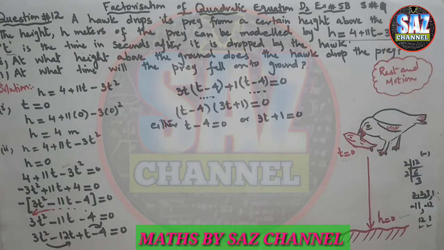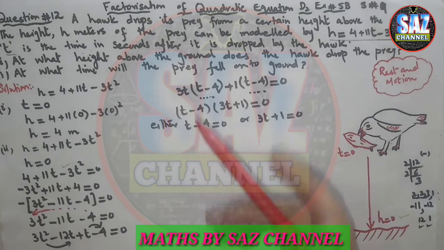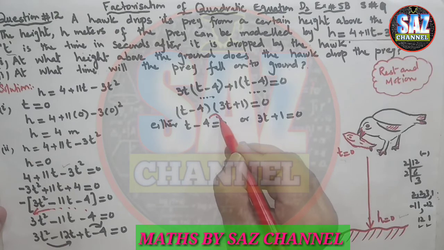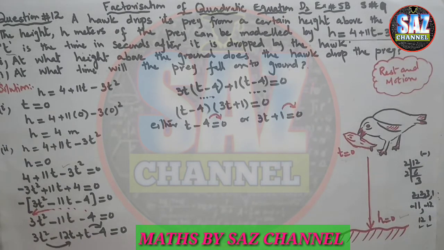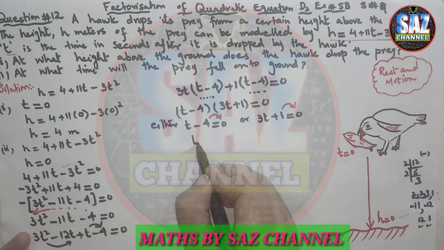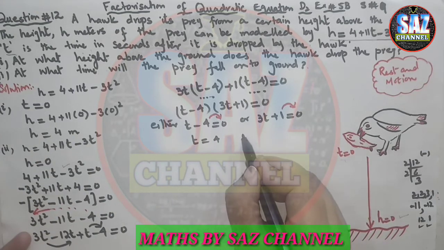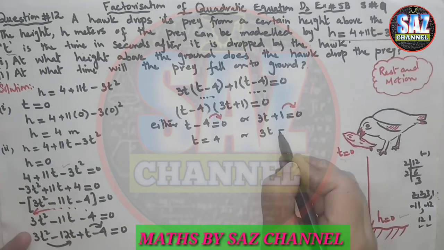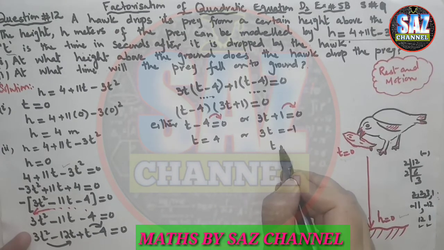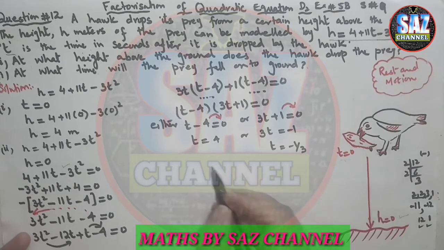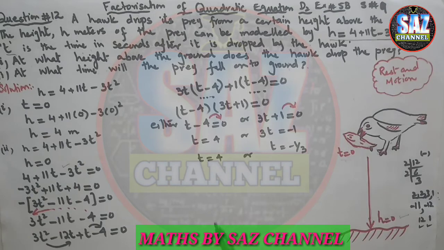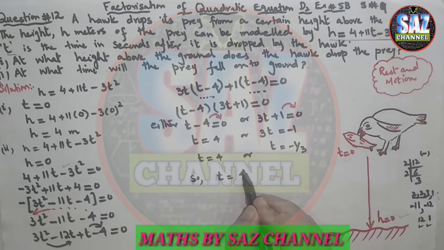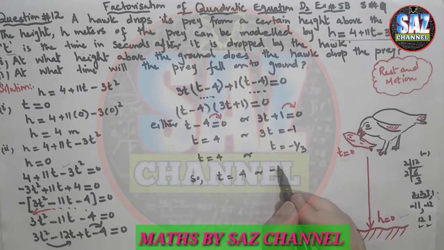In order to get the value of the variable, we have to shift the constant to the other side by changing the sign, and when I shift 4 to the other side, t will be equal to 4, or 3t equals to minus 1 and t equals to minus 1 by 3. So the two solutions of this equation are t equals to 4 or minus 1 by 3.